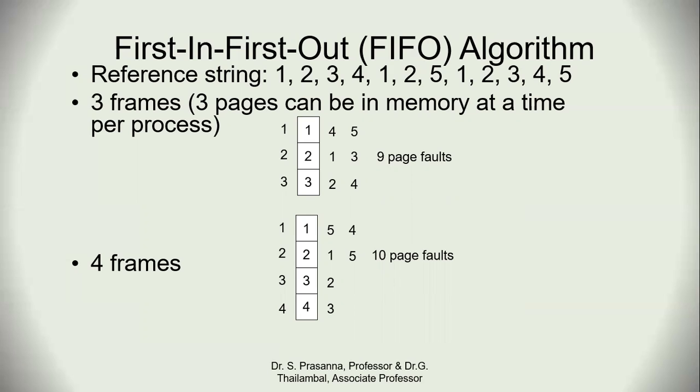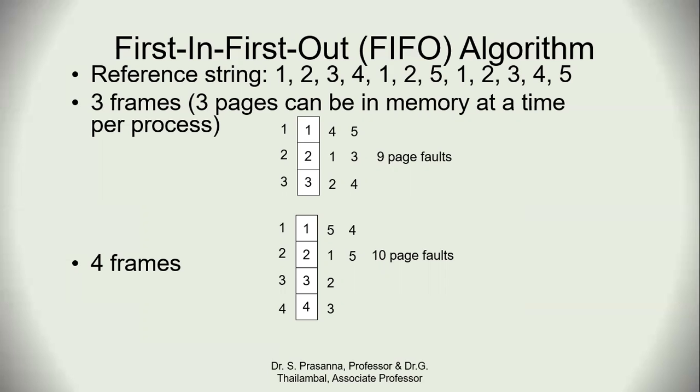When you go for the second attempt, I want to store the next value, 4. Only 3 frames are available, and all 3 frames contain values. Now I want to store the value 4, so I have to choose a victim to replace.